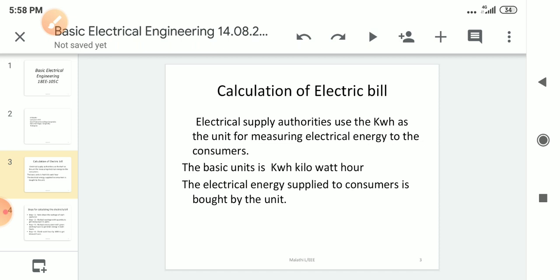They take the reading of our meter, and after that provide the electrical energy bill to us. We have to pay that bill. Depending upon this calculation, that is the watts we used and how much time period we used, it depends upon this value that we get the amount of charge we have to pay. The electrical energy supplied to the consumer is bought by this unit.